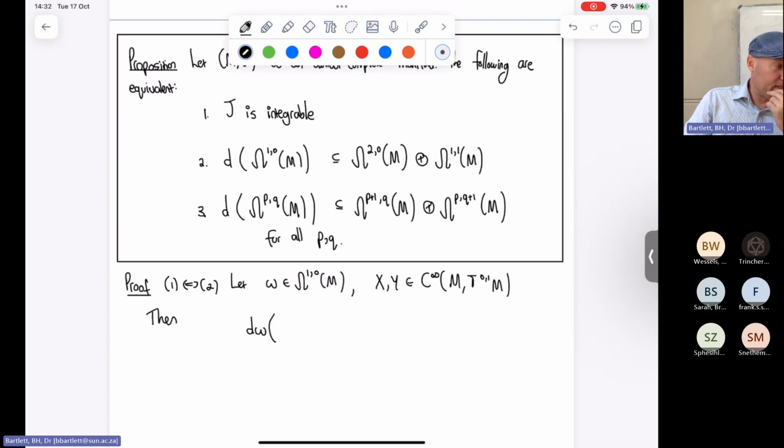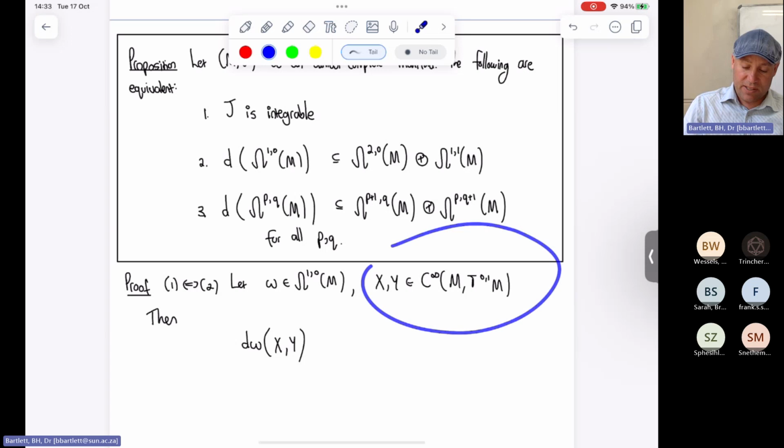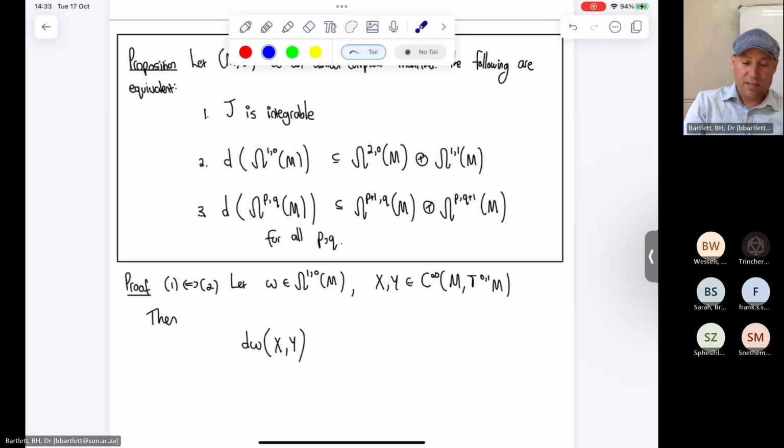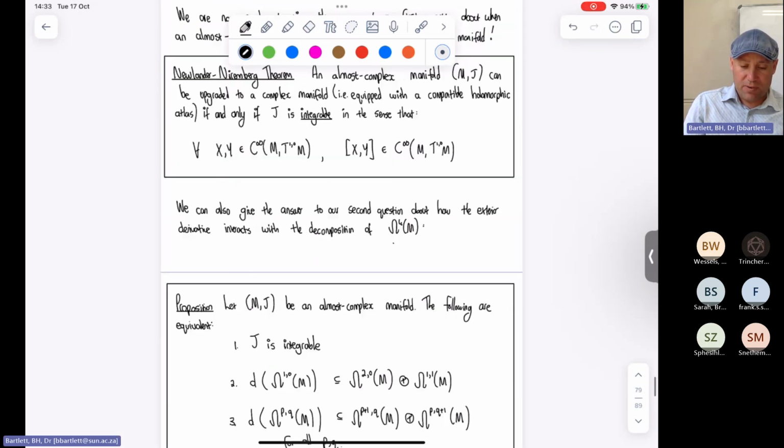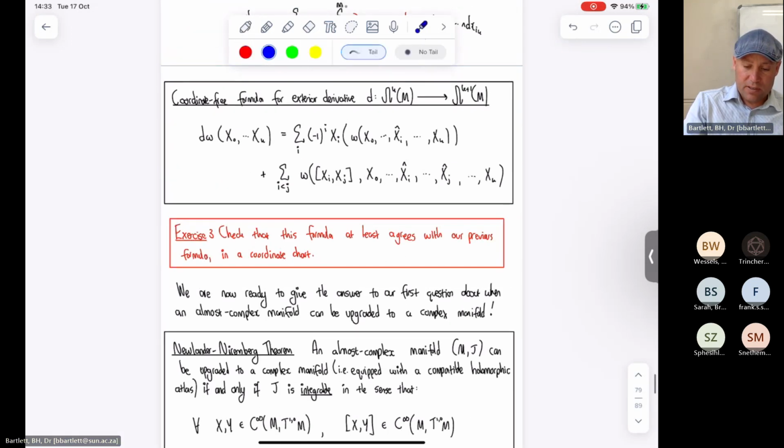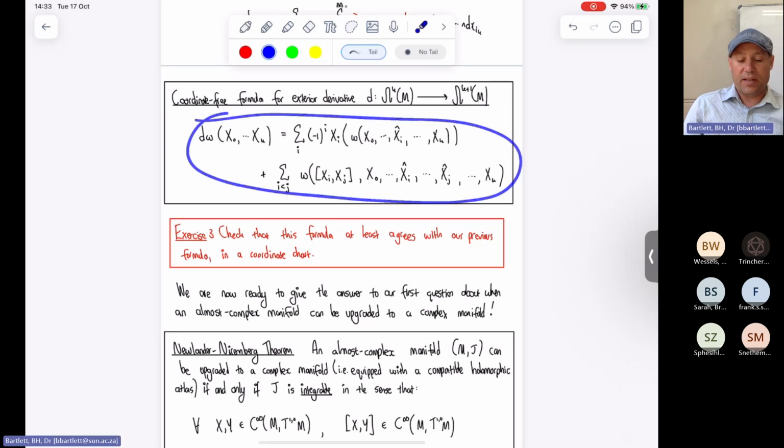So I can ask what happens when I feed it two vector fields. It's a 2 form, so it eats up 2 vector fields to give a number. So when I feed it these 2 particular vector fields, these are vector fields of type (0, 1), what's going to happen? Well, I can now go use my coordinate-free formula for the exterior derivative.